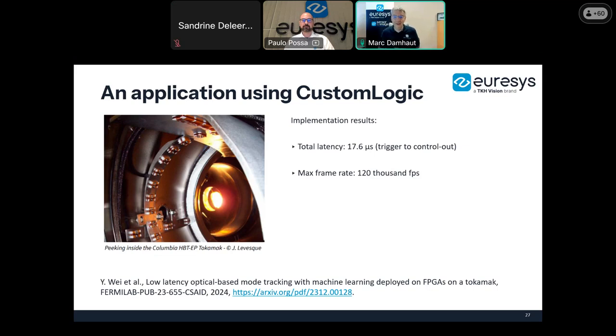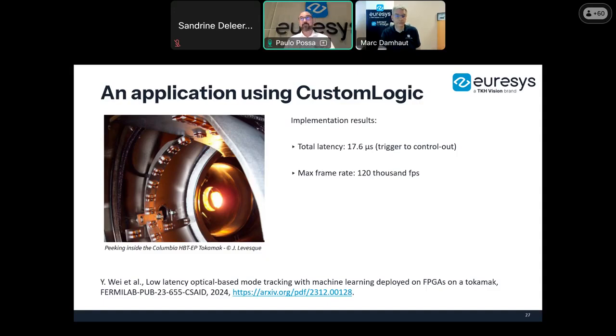Another question that I'd like to ask here is how to get CustomLogic and what is the cost of CustomLogic now? Okay, so to have access to CustomLogic, you have to contact our sales department.